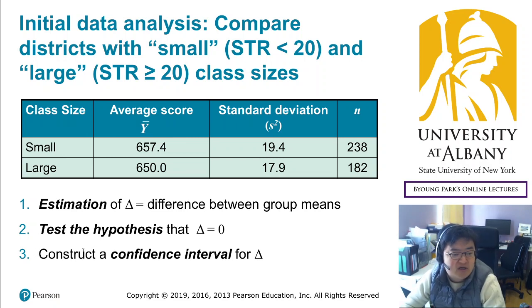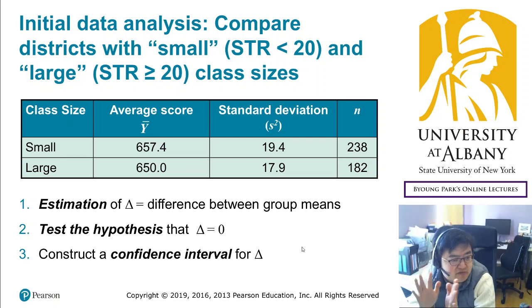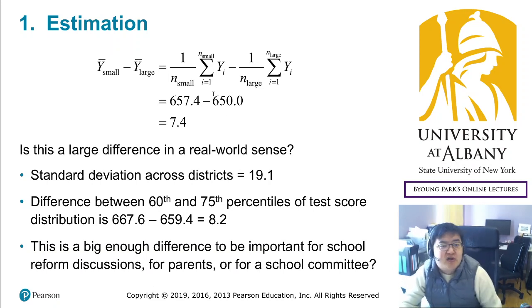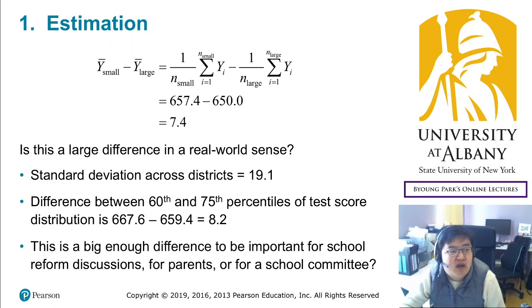And you may construct a confidence interval for delta, where delta is the difference, to see where the difference would lie. So the methods can be applied here. I'm not going to teach you how to do that. I'm just reminding you what we have done.